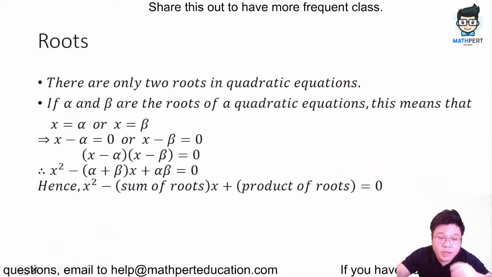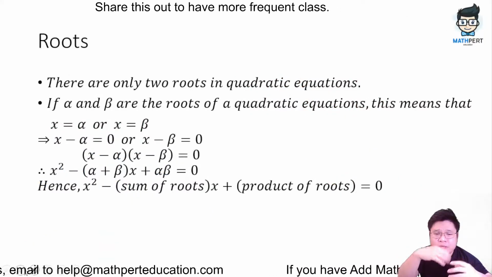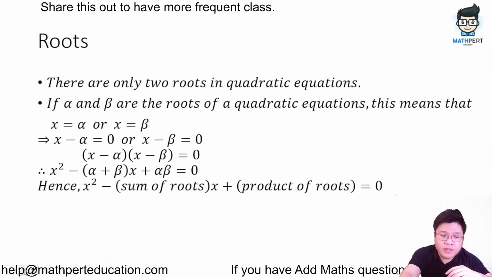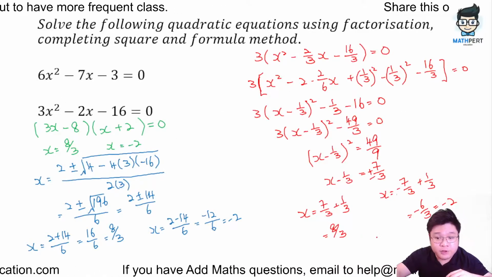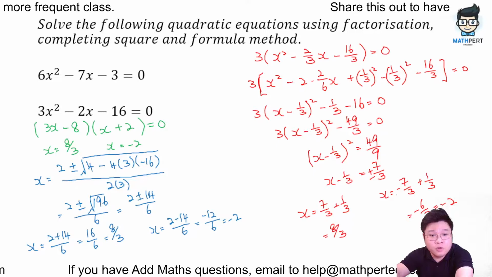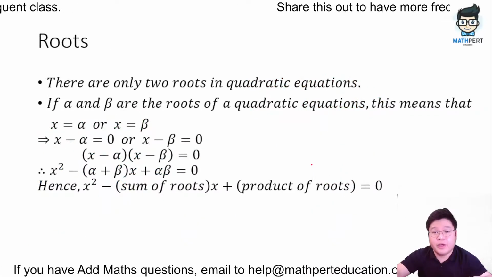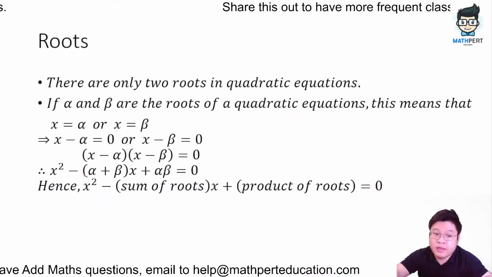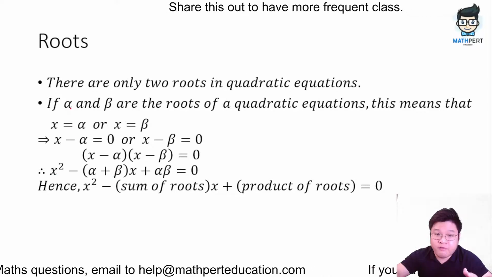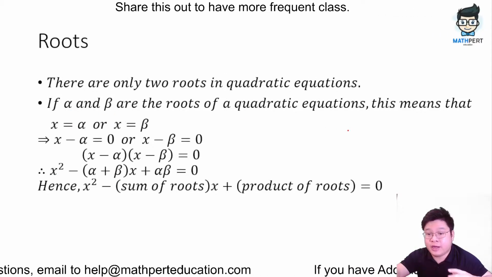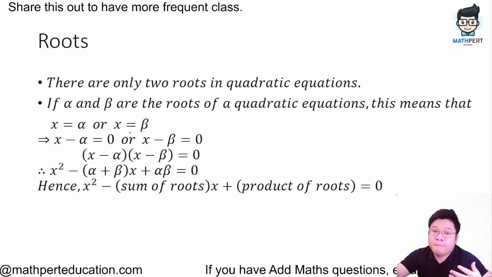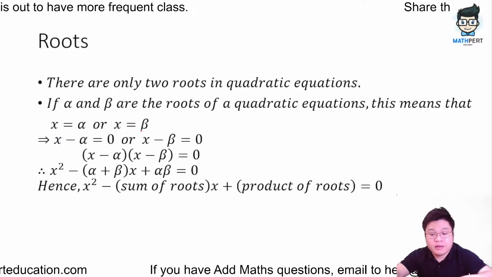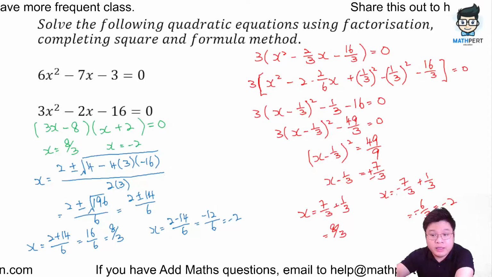Let's continue. Roots. What is the meaning of roots? The ones that we got just now, like 8 out of 3 and -2, these are the roots of the quadratic equation, meaning the solutions. If alpha and beta are the roots of a quadratic equation, that means x equals alpha, x equals beta. Same as the one we did just now.